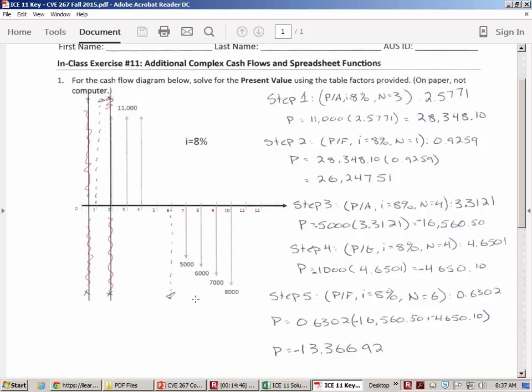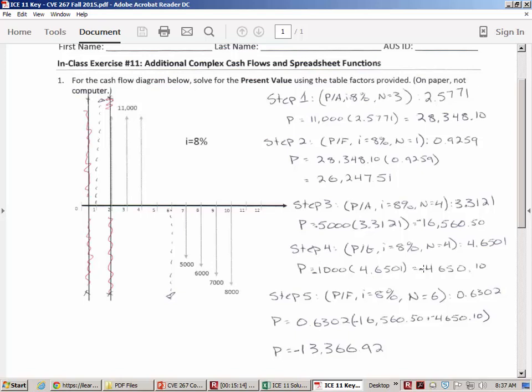And then I'm also finding the value of the gradient. Gradients are the tricky part because here's your 0 of the gradient, which is numbered as year 6 on the cash flow diagram. So we see 0G in year 7, 1G, 2G, and 3G. So 1,000 is the value of the gradient itself, and I multiply by the factor, and it takes it over to year 6.